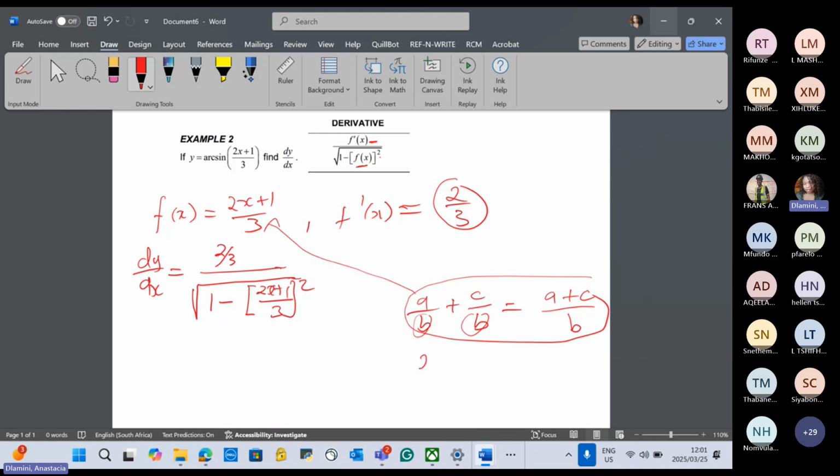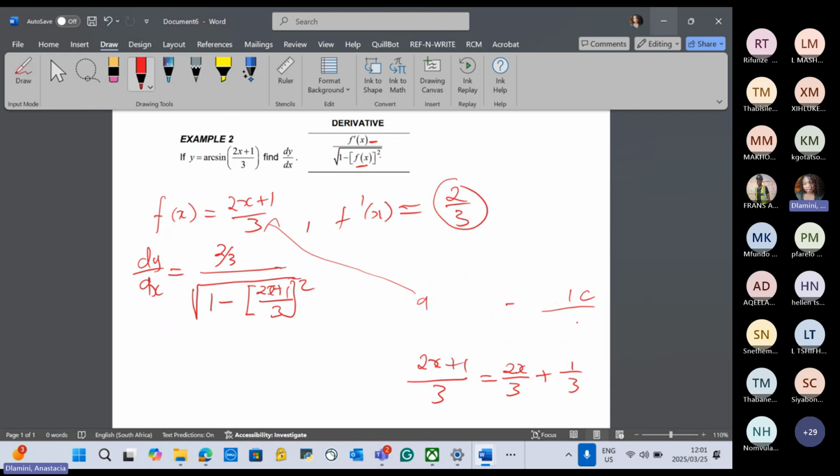Because you have (2x plus 1) over 3, which is this one here, you can also write it as 2x over 3 plus 1 over 3. So the denominator, when we differentiate, we leave it as it is. You don't have to, because you can use the quotient rule on this one, but the easy way is to simplify it like this.